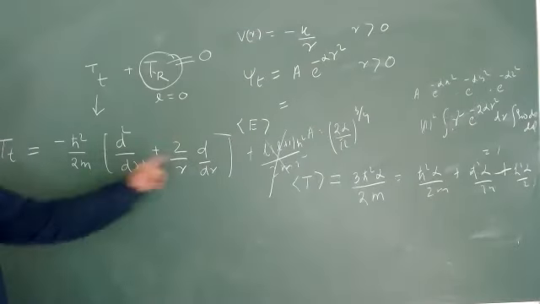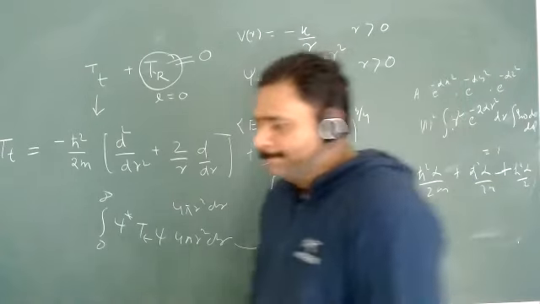So you have to just go for psi star, this translation kinetic energy operator, psi, 4 pi r square dr, 0 to infinity. If you calculate this thing, you will get this thing, because I know the symmetry in Cartesian coordinates. Yes?